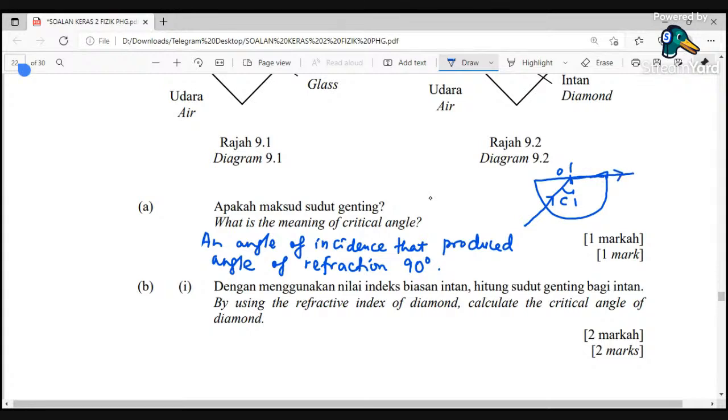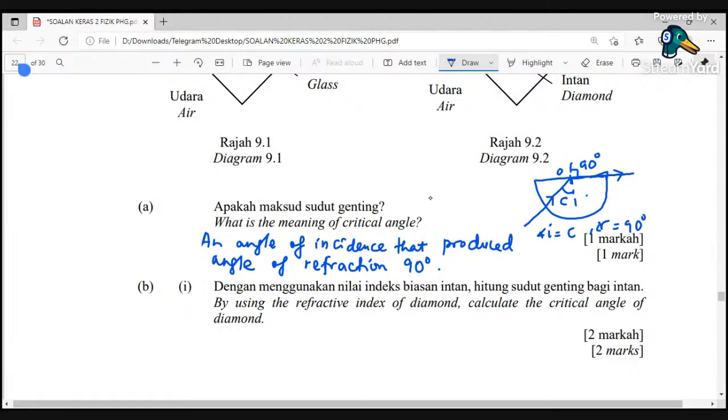The light ray kat sini. This is glass, this is air. Okay, so means angle here is 90 degrees. Okay, so in this case, angle I, angle of incidence, critical angle, angle of refraction, 90 degrees.